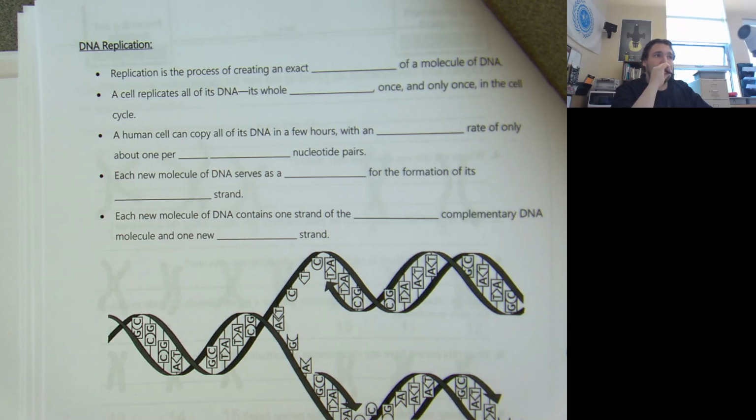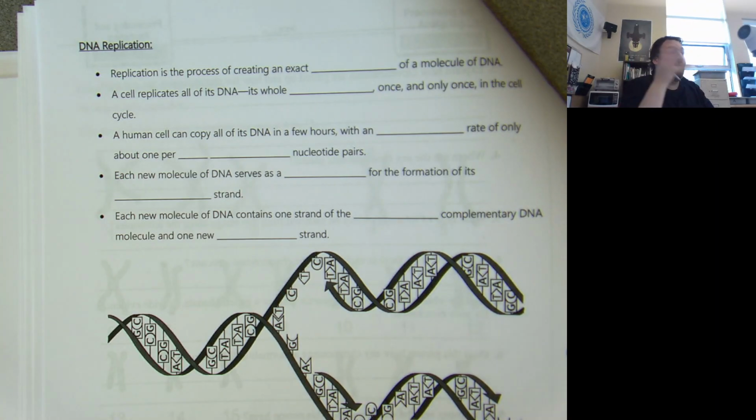The name of the organelle is related to the name of the thing that it's copying. DNA stands for deoxyribonucleic acid. So which organelle sounds like something in that word? The ribosome. The ribosome is the organelle responsible for copying your DNA.